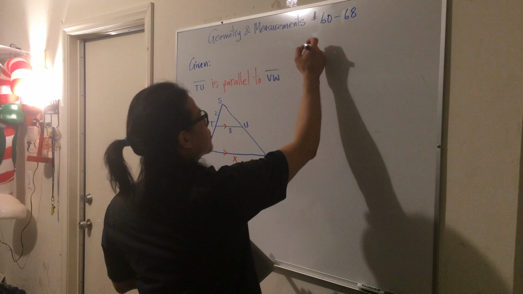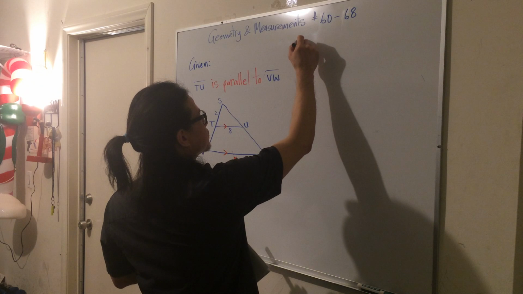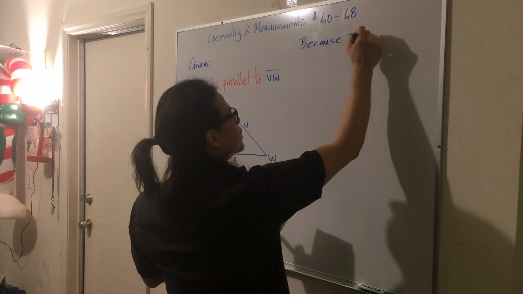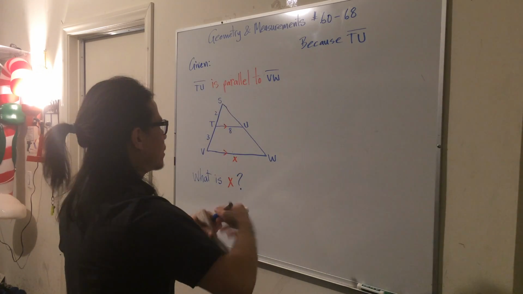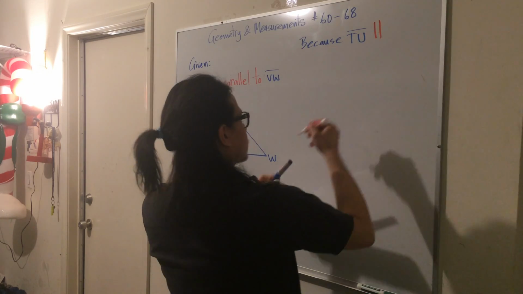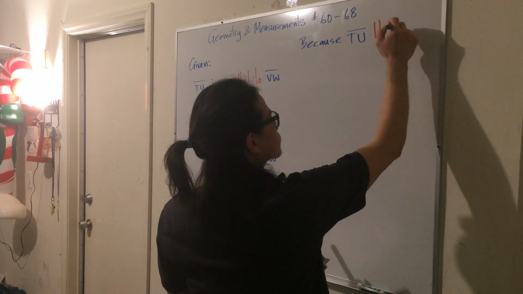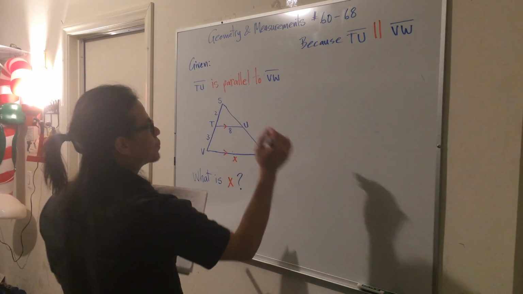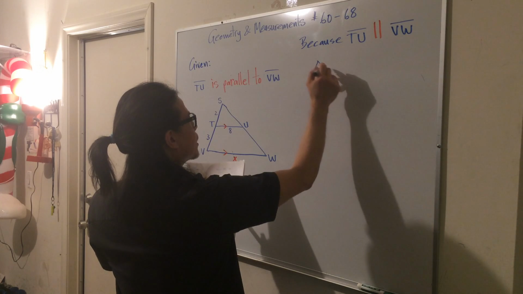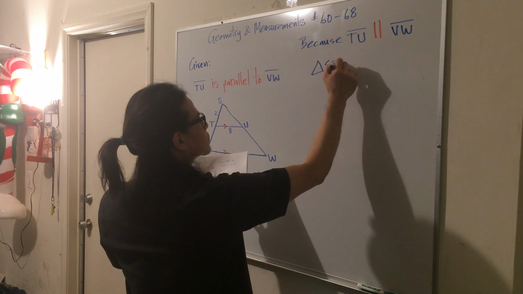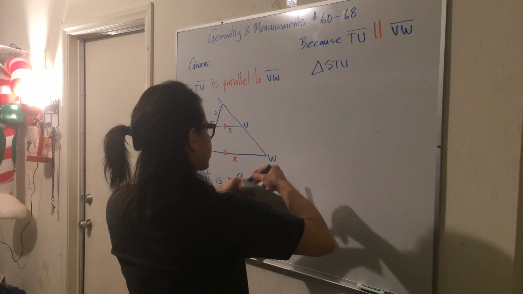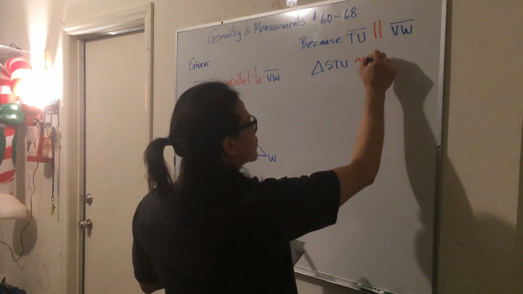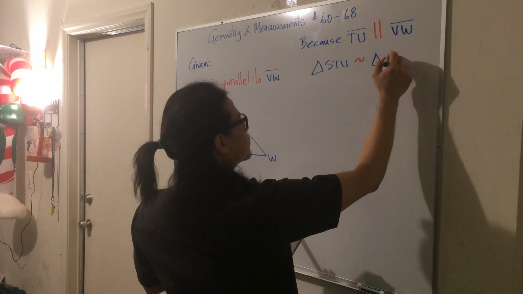So we'll say that because segment TU is parallel to VW, the two triangles are similar. So we'll say that triangle STU is similar, so we'll use this to denote similarity, to triangle SVW.